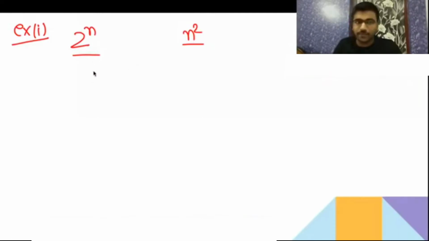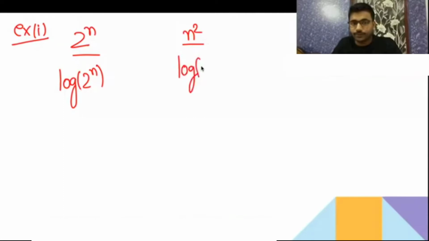But sometimes you get confused. So what you can do, you can take the log on both sides. Those who don't know that exponential is always going to be bigger than the polynomial function can take the log.